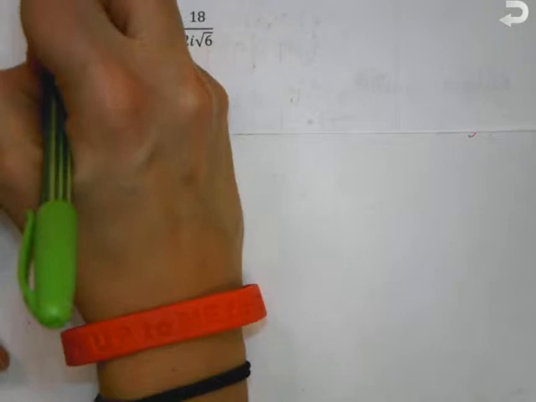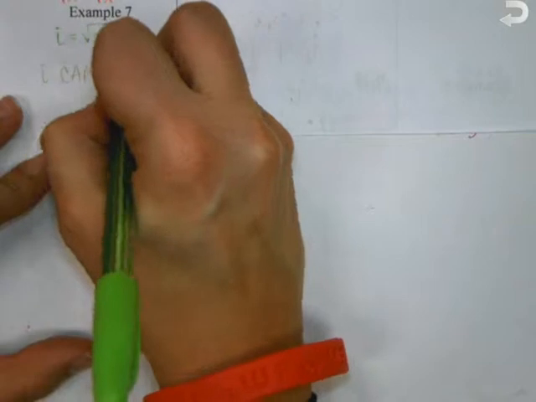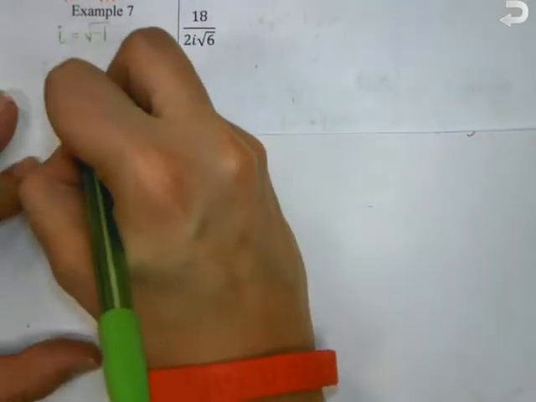No. So sometimes we might see just an i in the denominator, and that's also not allowed. So now we have two things that are never allowed in the denominator. So will you write a note? i cannot be in the denominator. Okay? So two things that are never allowed in the denominator, roots and i.